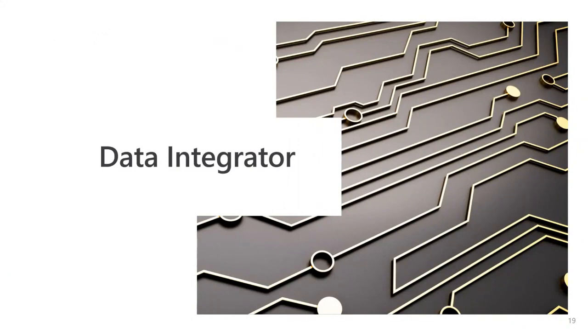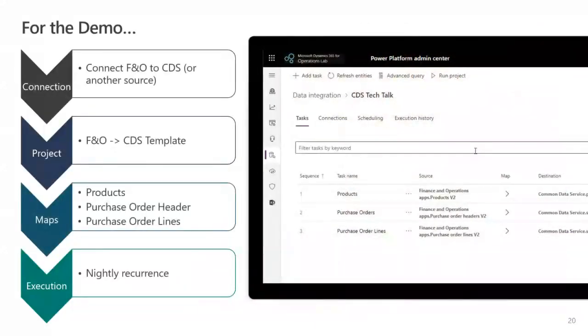All right, so switching gears to the data integrator, a couple of things for the demo. So I created a connection, which, in my case, I connected to finance and operations and another CDS, but this could have been another source that's supported. One of the most common other examples would be a SQL Server. The next thing I did was I needed to create a project.